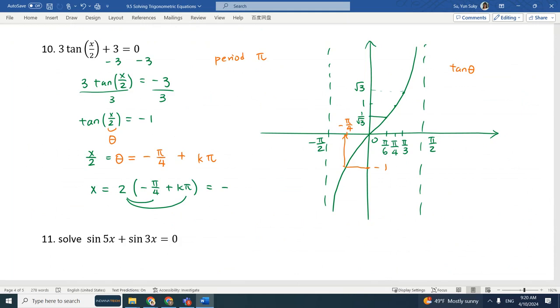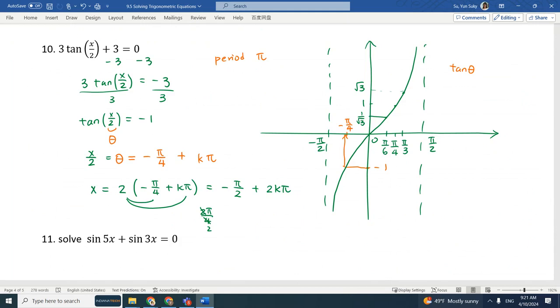What is 2 times negative pi over 4? 2 pi over 4, which is pi over 2. Yes. So 2 pi over 4. The 2 and 4 cancel. You get the 2 in the denominator. And then plus what? 2 times k pi. Is that okay, everybody?